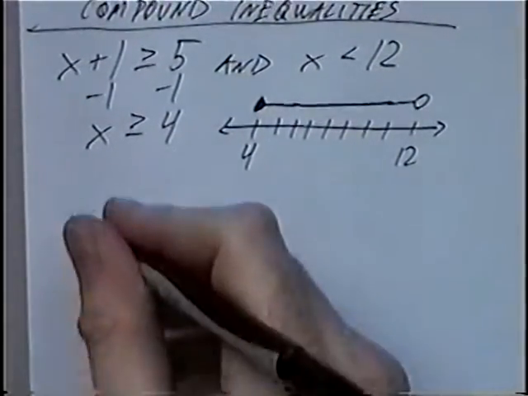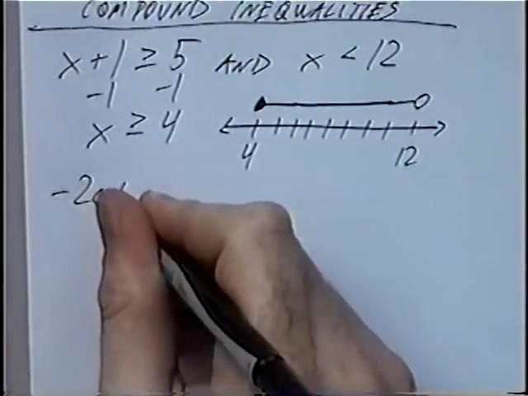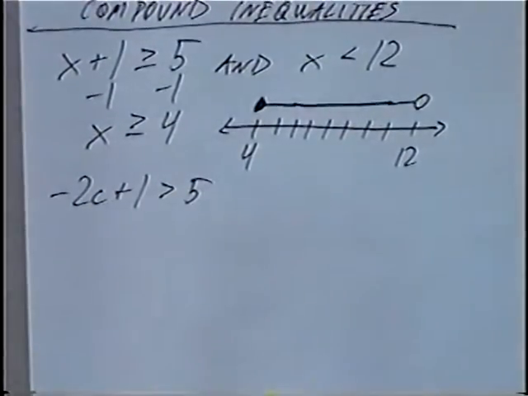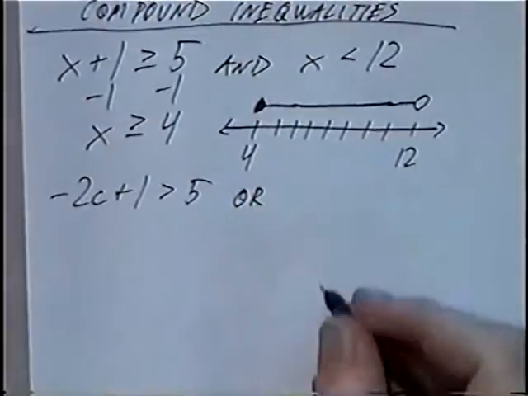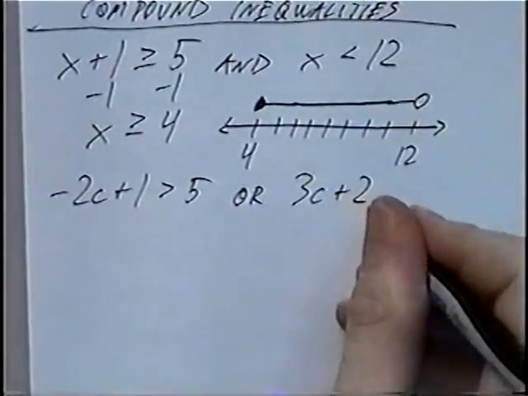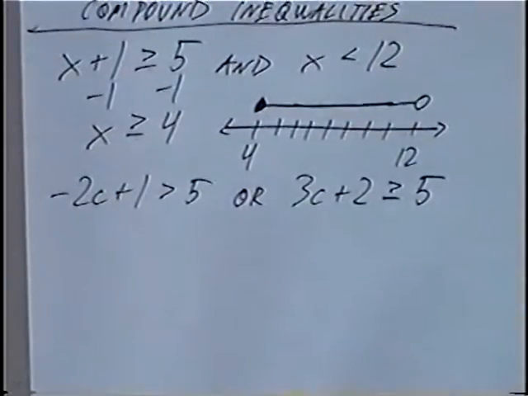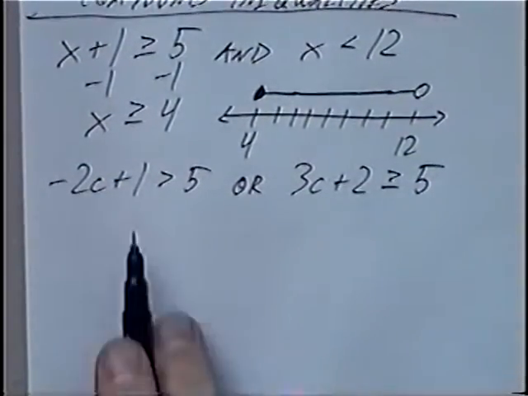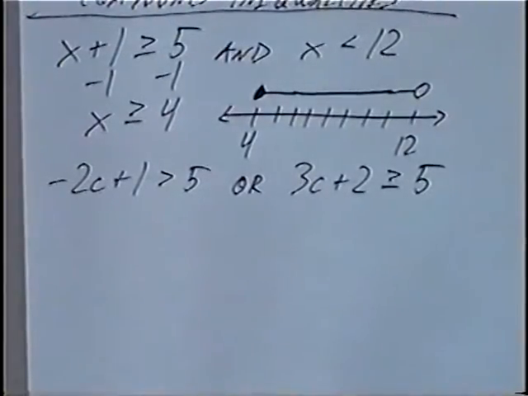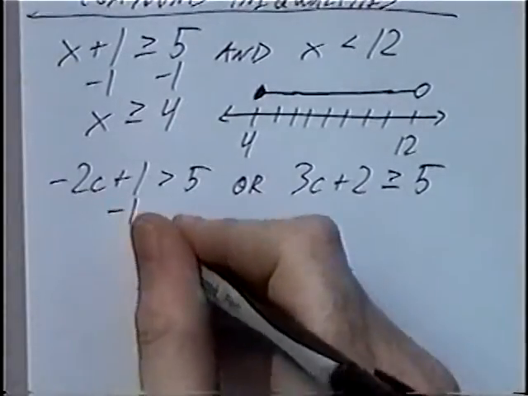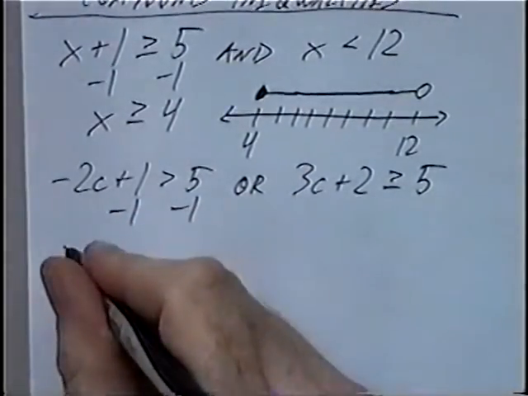Second question, negative 2c plus 1 greater than 5, or 3c plus 2 greater than or equal to 5. Again, we'll solve each one of these and then graph them on the same number line. First inequality, we can subtract 1 on both sides.